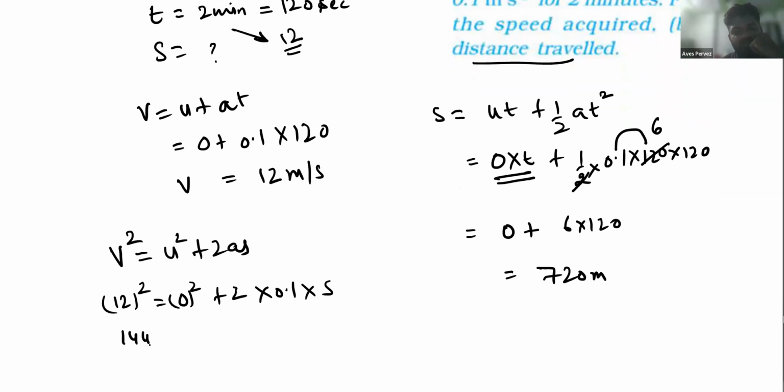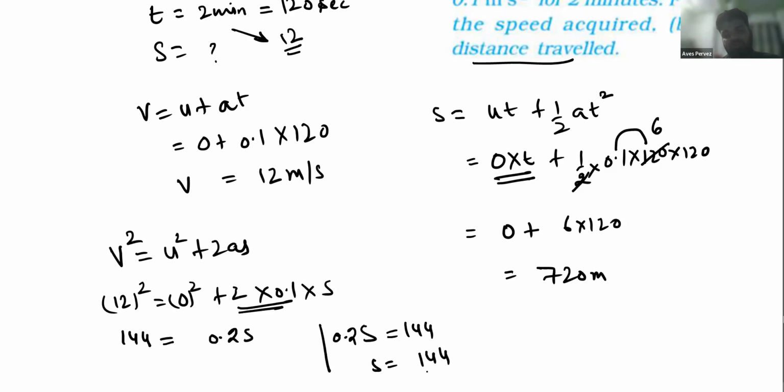You will get 144 equals 2 into 0.1 into S, so you will get 0.2 S. So 0.2 S is equal to 144, and S equals 144 divided by 0.2. The 2 comes here and dividing, you will get 720. So you can do this by this equation also.